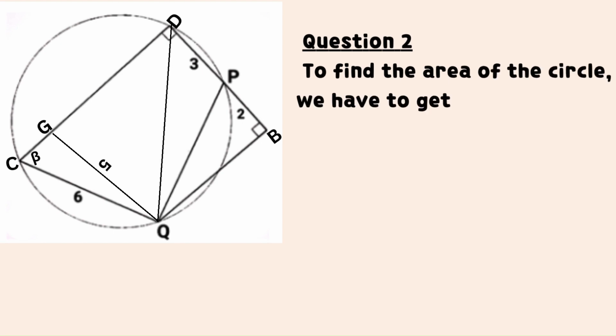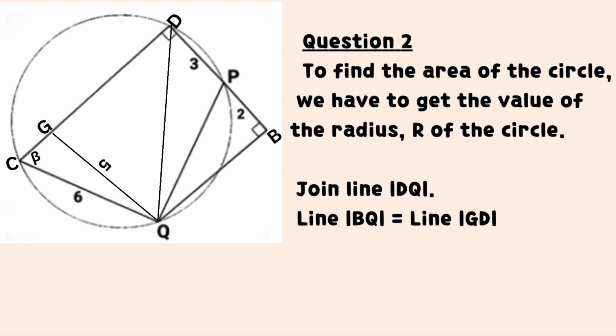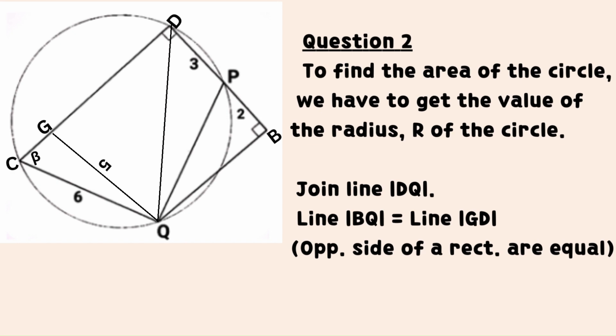To find the area of the circle, we have to get the value of the radius, r, of the circle. Join line DQ. Line BQ equals line GD, since opposite sides of a rectangle are equal.